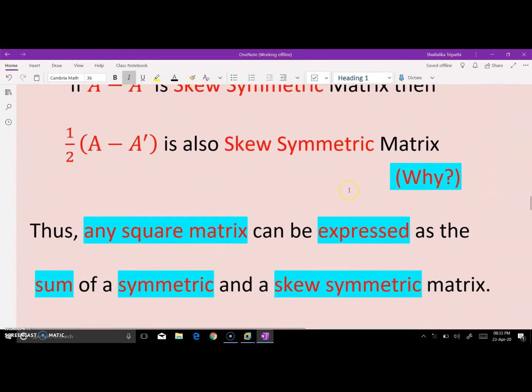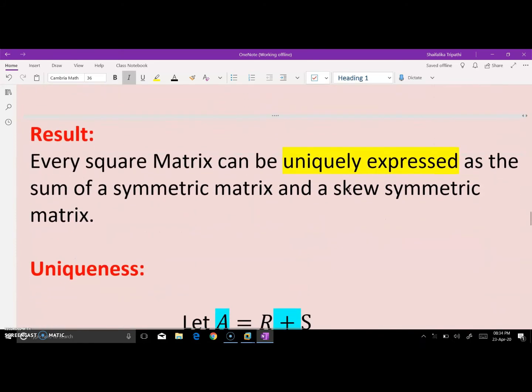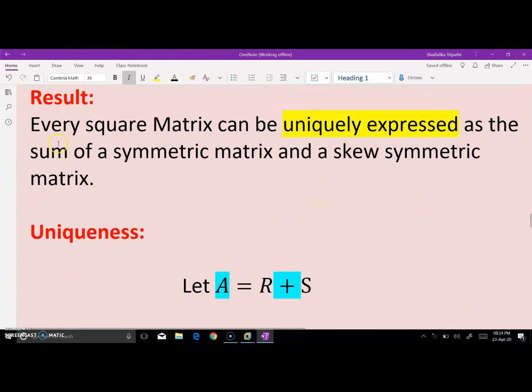So let's move to the next result, that is uniqueness. The result is that every square matrix can be uniquely expressed, as you can see I have highlighted, as the sum of symmetric and skew symmetric matrix. So yes, this is unique, and we have to prove this now.